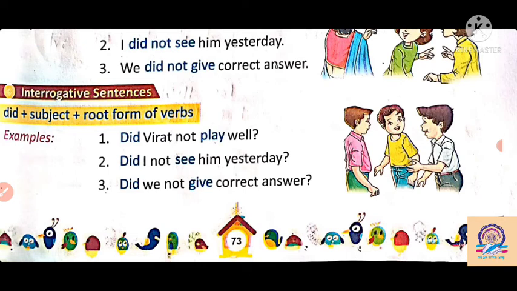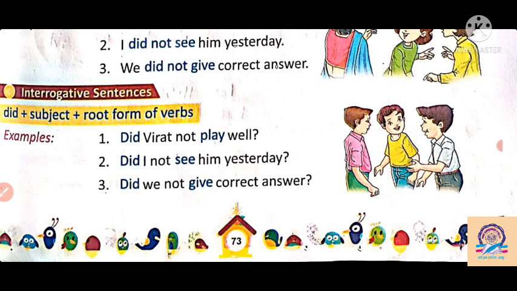So shortly we can say, regarding the simple past tense: first of all, tense means time. Whatever work we do is related to time, and here we show that our work is completed by us. If we want to show that our work is over, we use the simple past tense. Some words help us indicate the simple past tense, like yesterday, the day before yesterday, long ago, last night, the previous day.